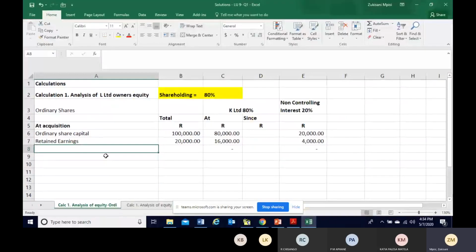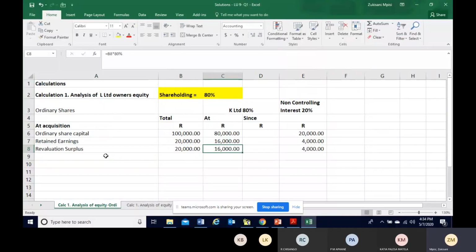All other assets and liabilities were carried at fair value. So here we're speaking about revaluation surplus. We are told that it is 20,000, which means at acquisition you've got 16,000, and then a non-controlling interest of 4,000 again. Then you've got your totals.